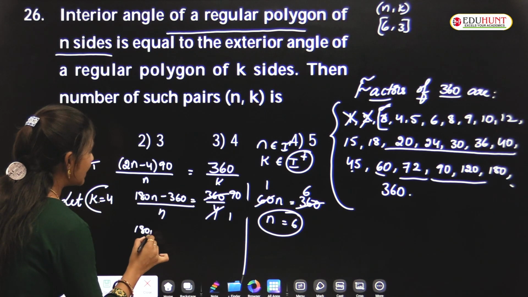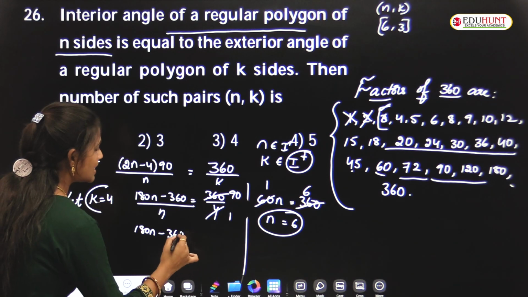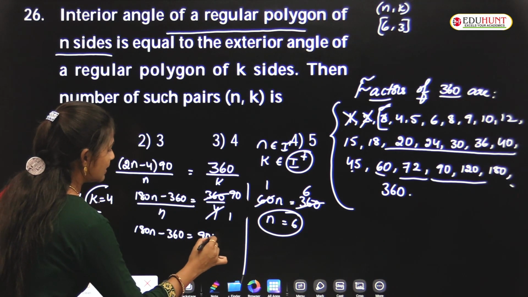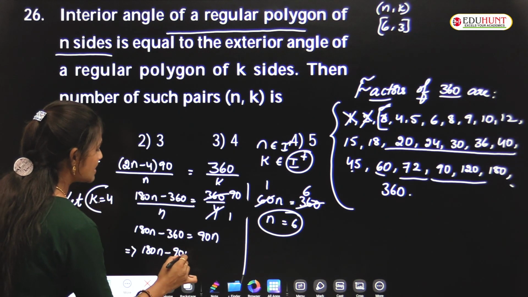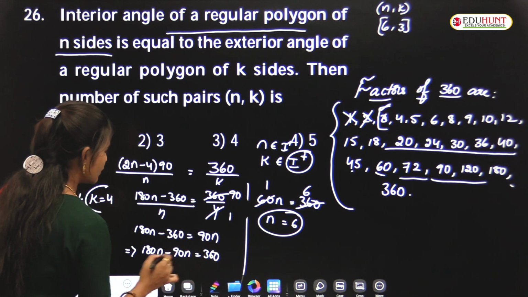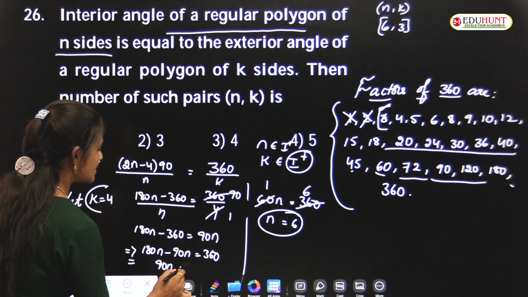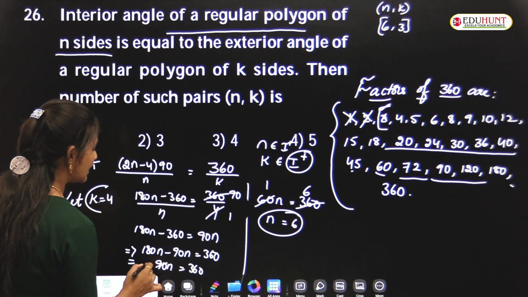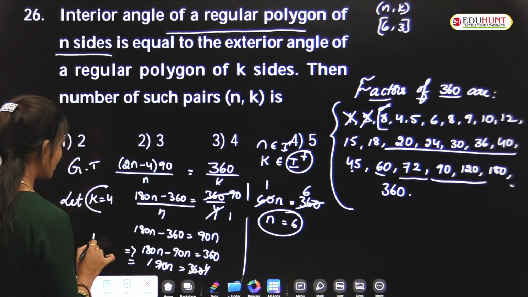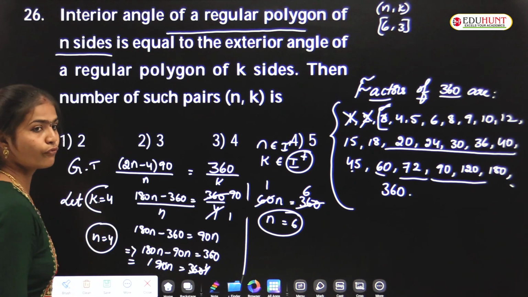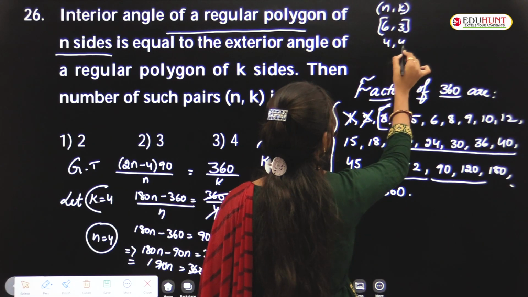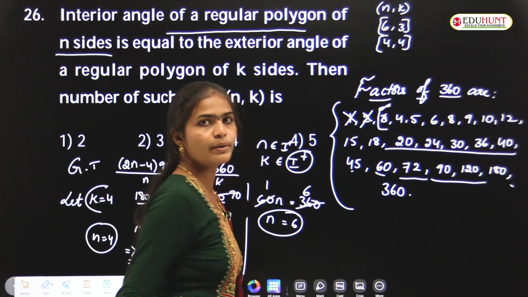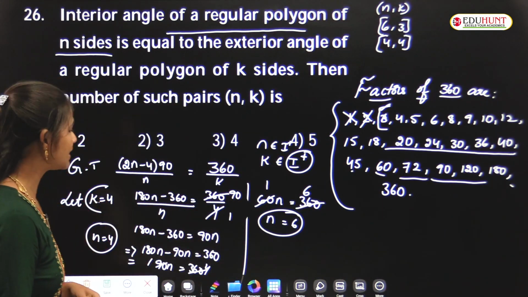So 180n minus 360 is equal to 90n. So in this way 180n minus 90n is equal to 360, which is 90n equals 360. So here n is equal to 4. So n equals 4 when you take k equals 4. This is one of the pairs. Okay, let us see the next one.